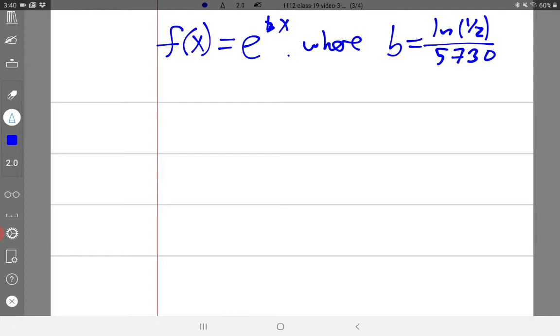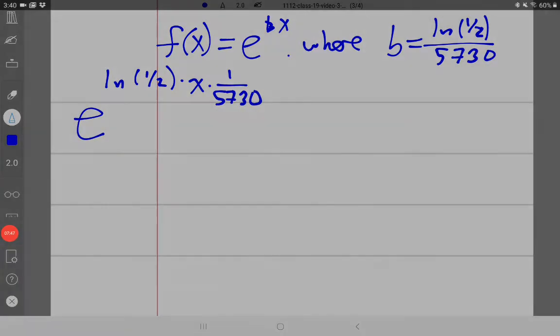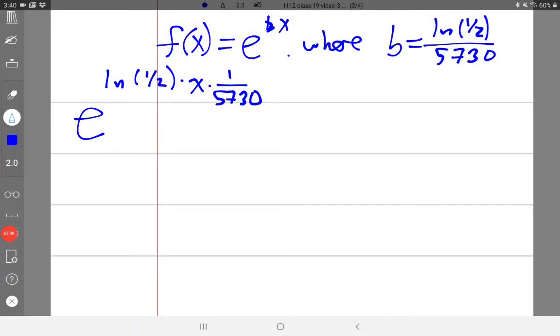If I write this as e to the b times x, and I've written out the value of b, but I've split that fraction, that division of log 1/2 divided by 5,730, I've written that as that numerator times 1 over the denominator.